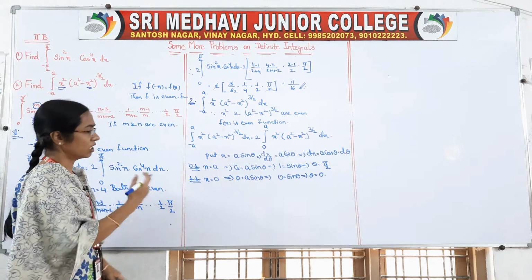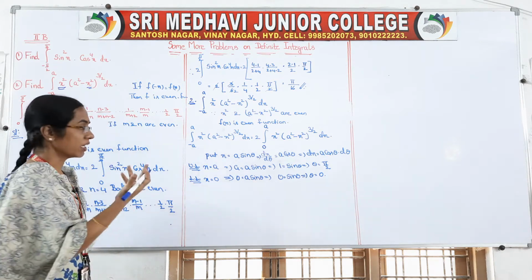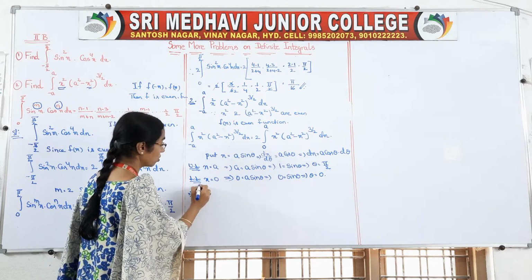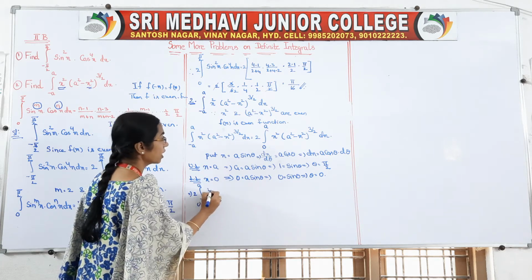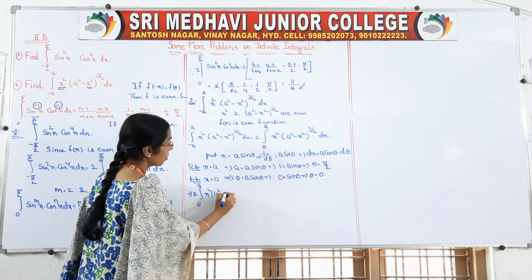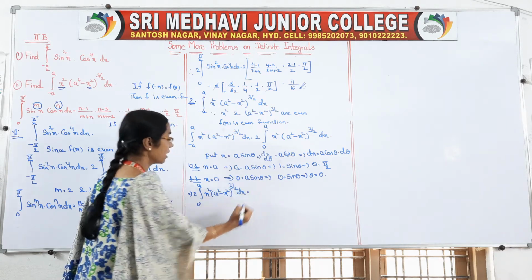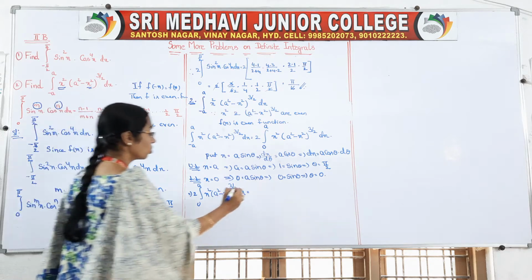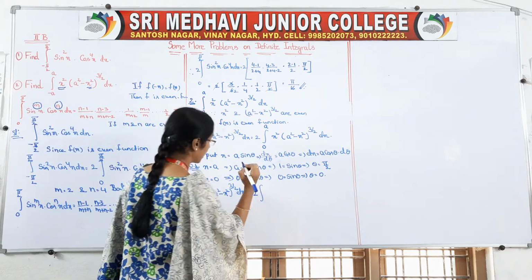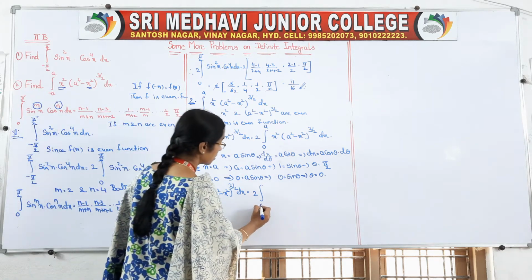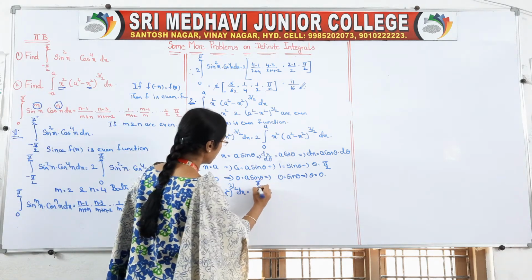Once we changed the upper limit and lower limit, you can take your problem. What is it? 2 into integral 0 to a, x square into (a square minus x square) to the power of 3 by 2 dx is equal to 2 times integral, come on, what are the upper limit and lower limit? It is 0 to pi by 2.